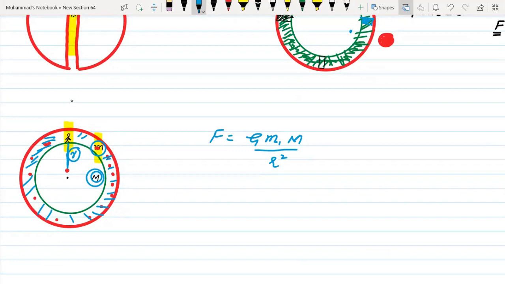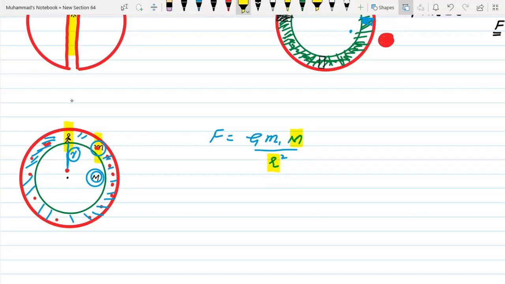So as you move down, both of these quantities, like this mass and this radius, are changing. Okay, so now we have to look how mass and radius are changing.